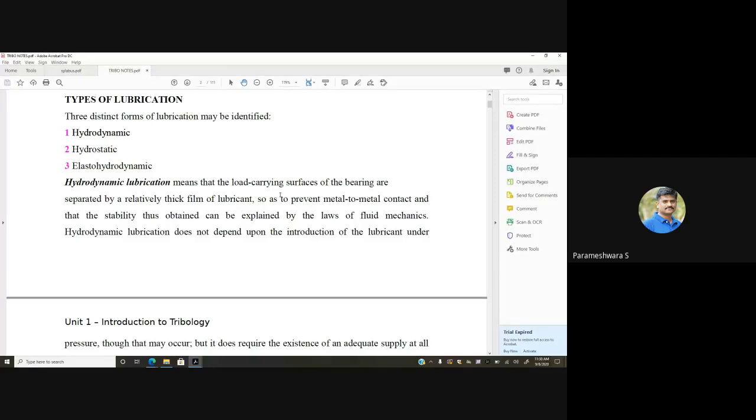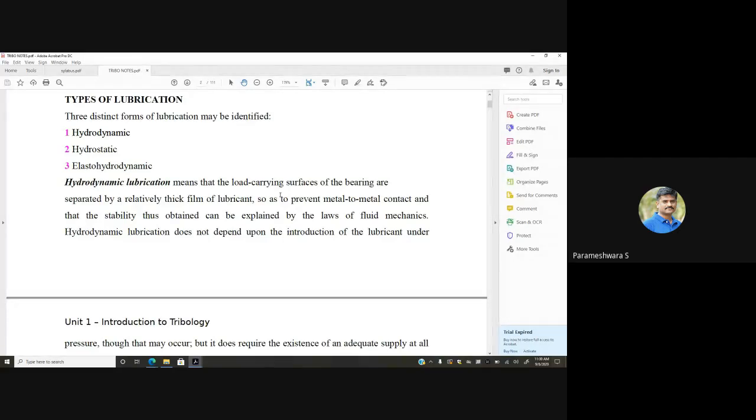In the case of a journal bearing, it basically consists of two components. One is the journal, nothing but a rotating shaft, and it is housed within the bearing block. In between the journal and the bearing block, a liquid lubricant has to be introduced.